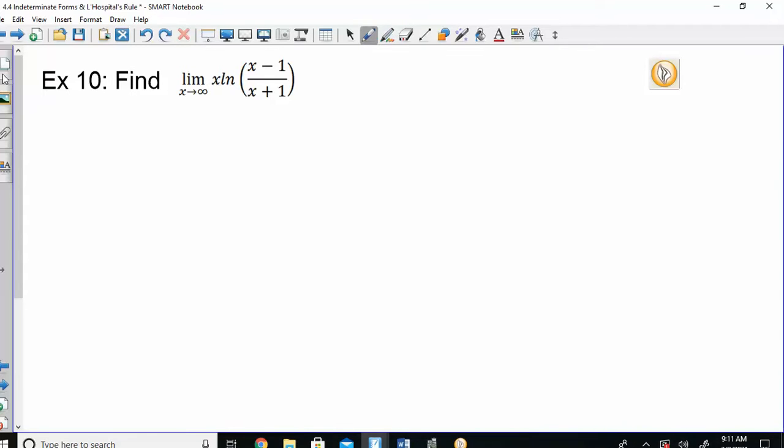So I have the limit as x approaches infinity of x times the natural log of x minus 1 over x plus 1. So if I want to evaluate this, if I plug in infinity, we get infinity times, okay, this natural log, we're going to have to think a little more, aren't we? We can't just do infinity over infinity.